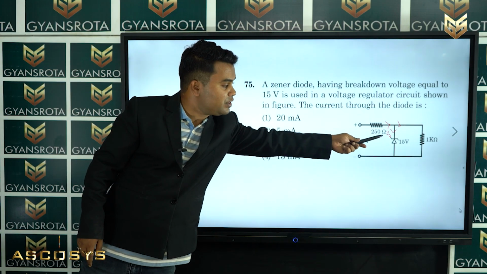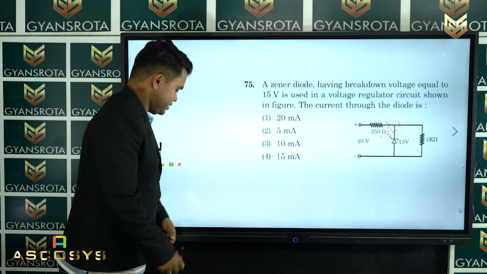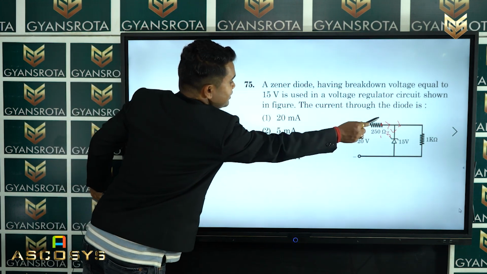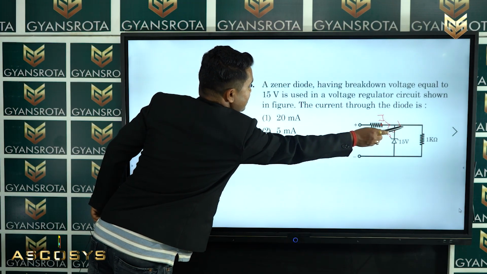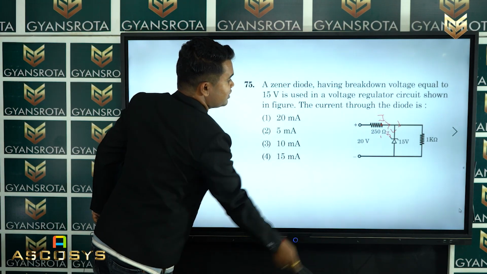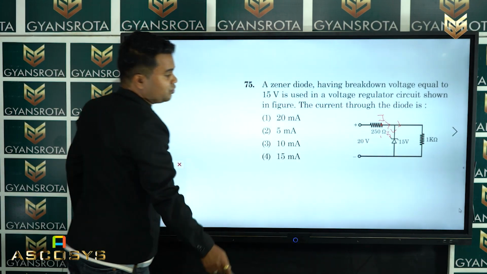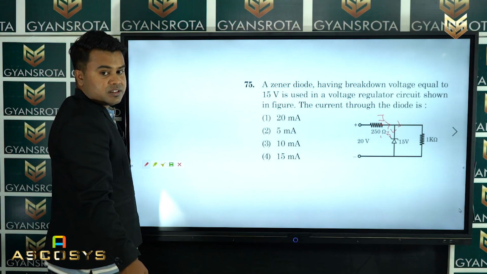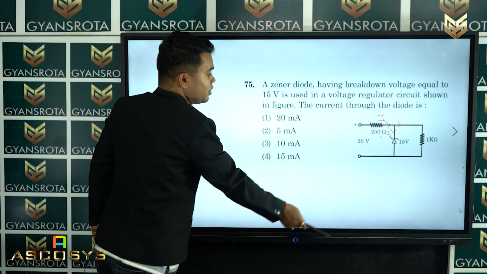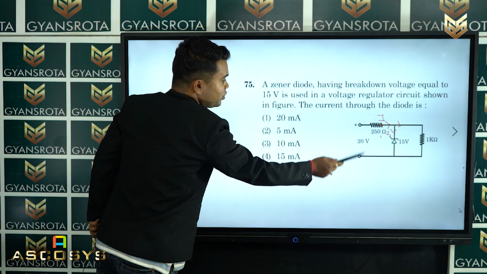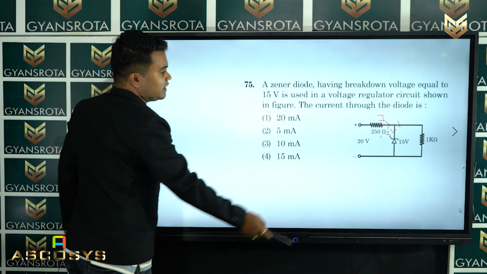Now you need to find this current I. Current I is flowing, and it divides into I1 and IZ. I1 is known to you, IZ you need to find out. V equals IR, so you can find this current, since you have the potential difference at this point and at this point, and the resistance is given.